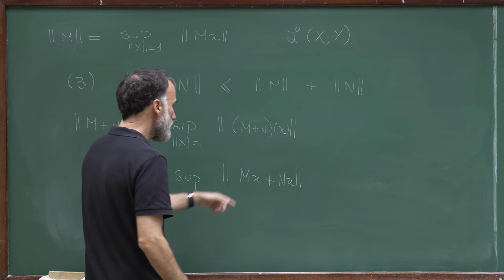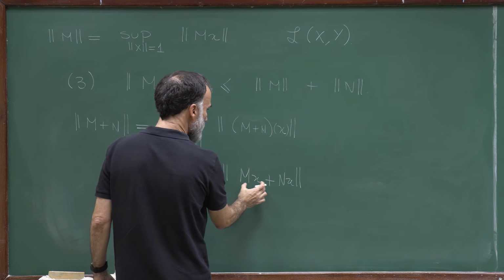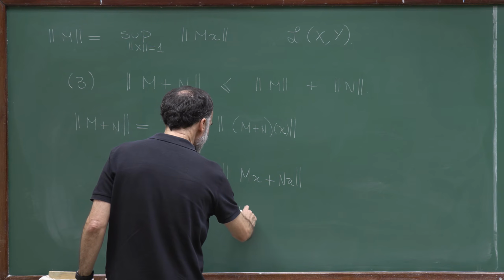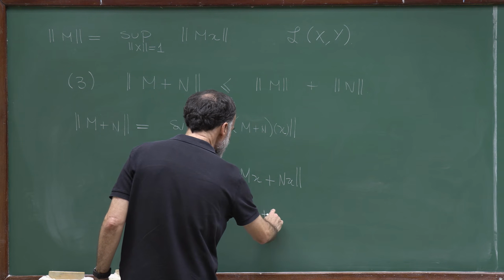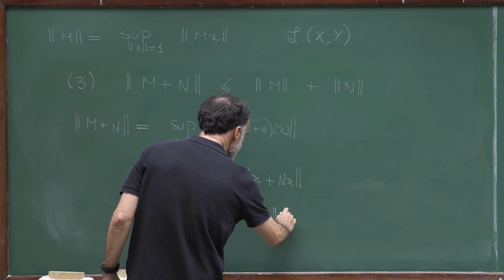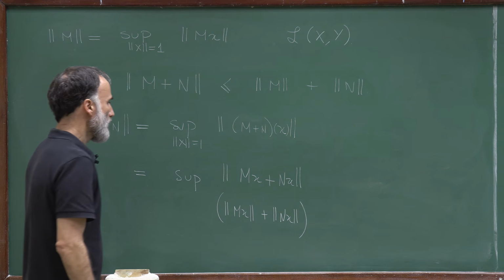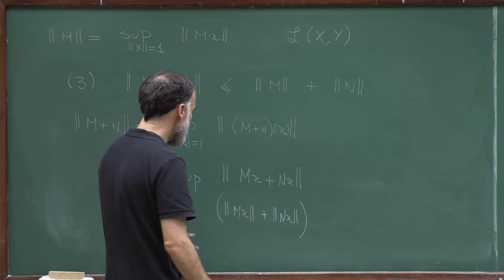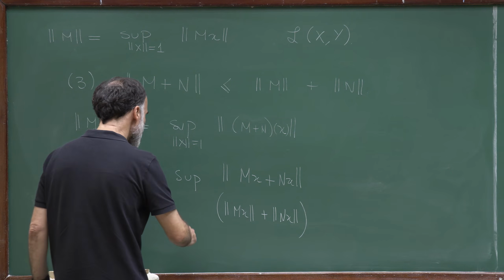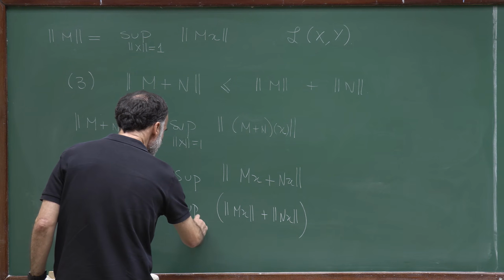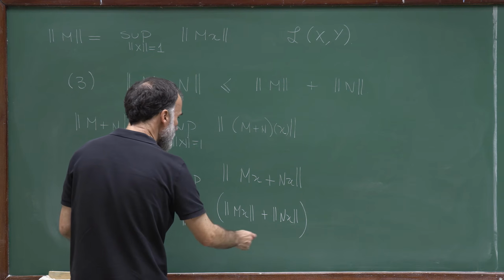Now, by the triangle inequality, the norm of mx plus nx is bounded by the norm of mx plus the norm of nx. And now if you take a supremum of a sum, it's bounded above by the sum of the suprema.